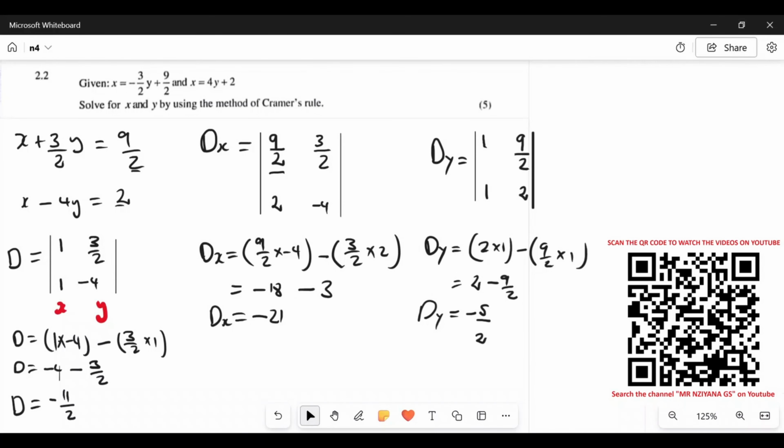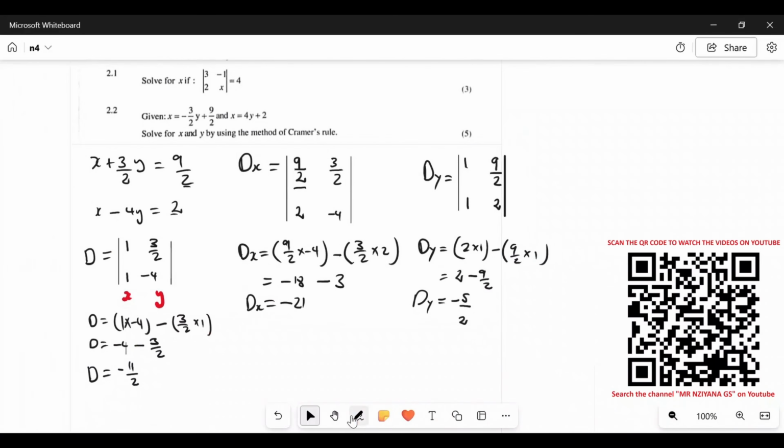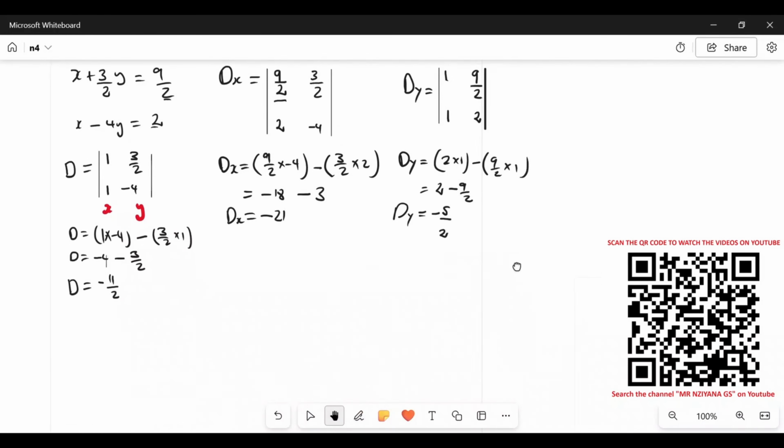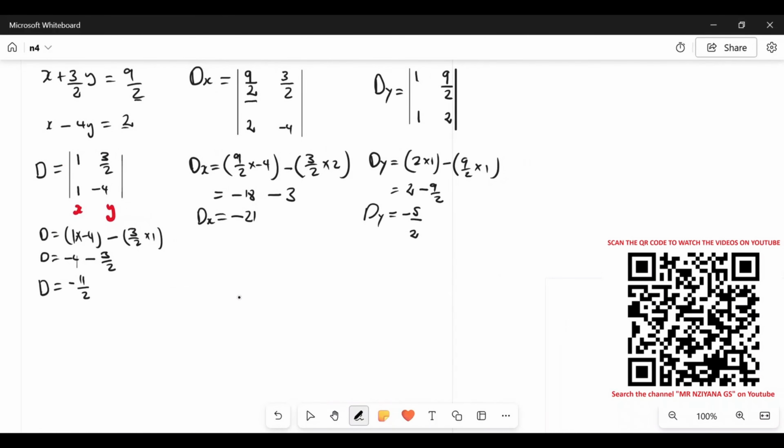Now that we managed to calculate our dy, dx, and also our d, we can calculate our x and y. Remember, we have to calculate these two unknown variables. So let's create a bit of space here. The formula to calculate for x and y is as follows. When you calculate for x, the formula is dx over d.